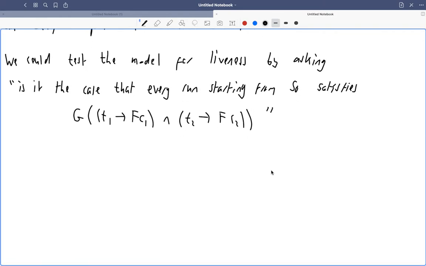Or equivalently, so let's call this phi liveness.